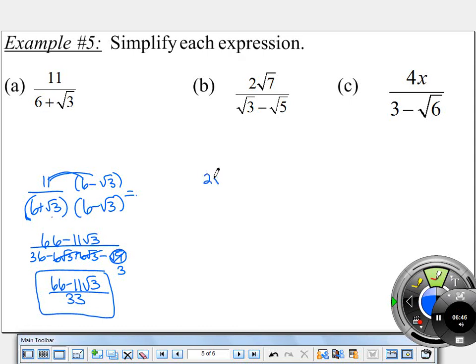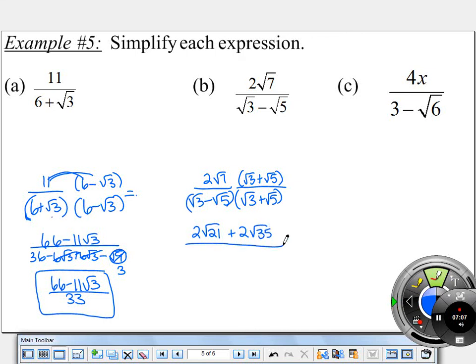So same thing with the next one. So the conjugate of rad 3 minus rad 5 would be rad 3 plus rad 5. So I'm going to have 2 rad 21 plus 2 rad 35 over the square root of 9 plus the square root of 15 minus the square root of 15 minus the square root of 25. So these will cancel, and this is just 3, and this is just 5.